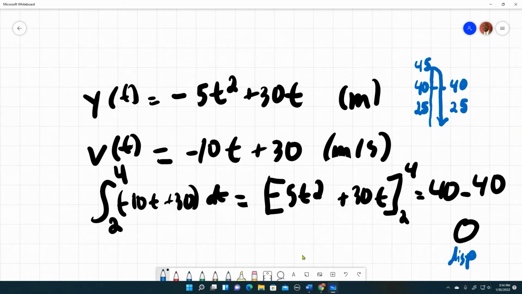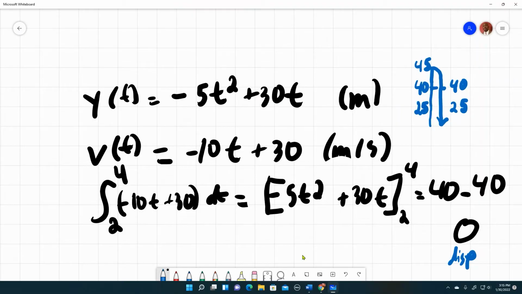So from 2 to 4, that's considered positive 5. From 2 to 3, that's considered positive 5. And 3 to 4, that's considered negative 5. But not when doing distance. When doing distance, everything is considered positive.